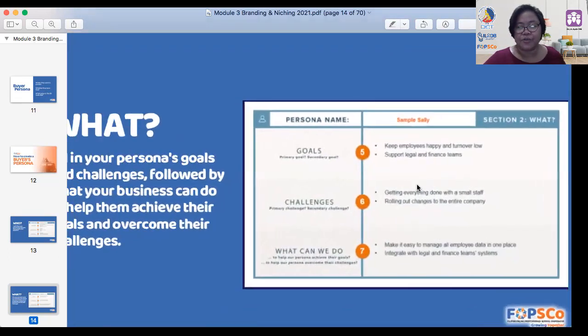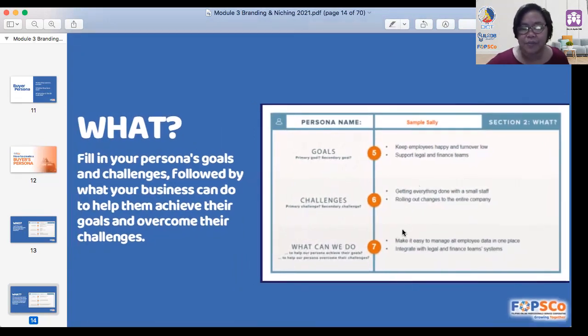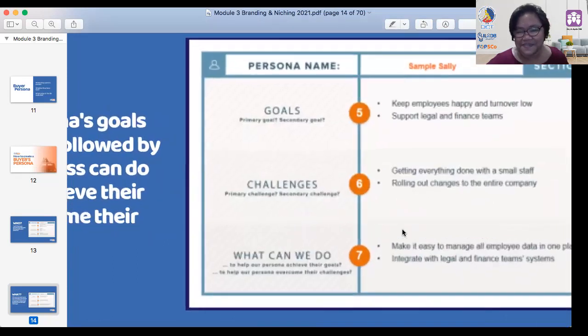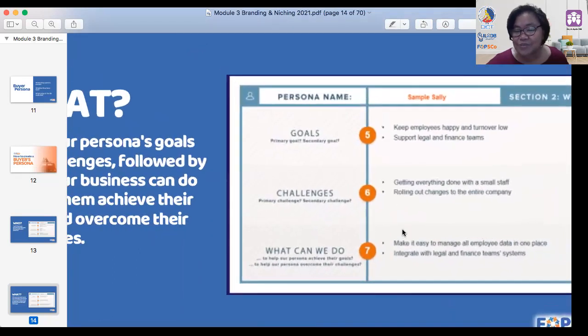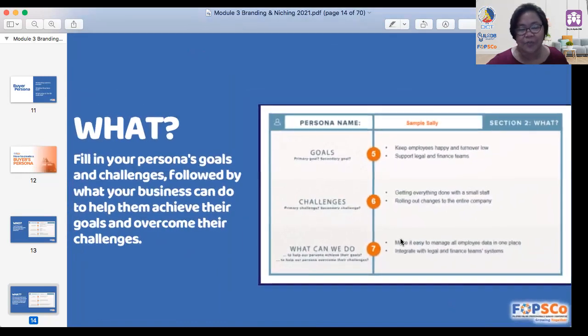Of course, that's double work for her. She always has to hire, because she's in human resources. And then support legal and financial teams. Then the challenges she's encountering, because that's important. What are her problems? Getting everything done with a small staff. And then rolling out changes to the entire company.